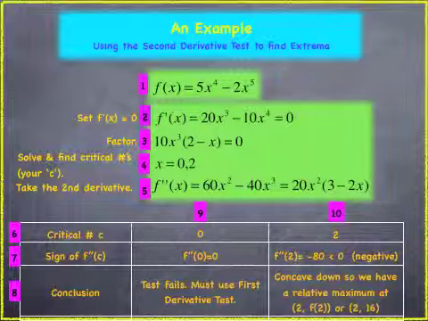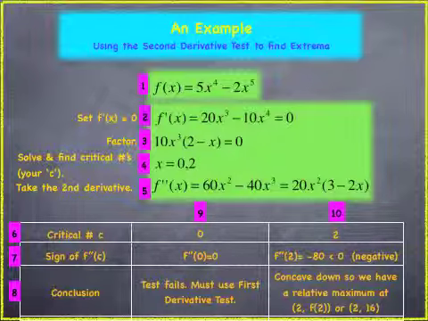Now, I do have a separate video that shows how to do that, that goes through the same process but uses the first derivative test. So we're not going to draw conclusions based on this test for c equal to 0.